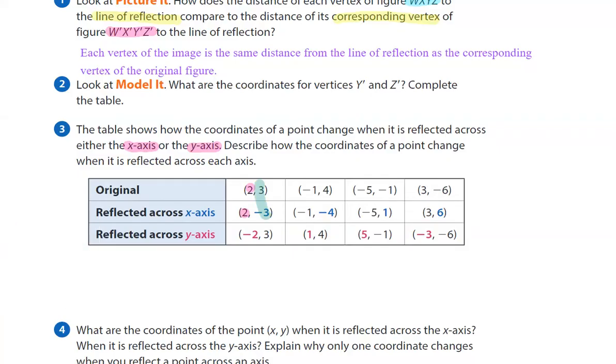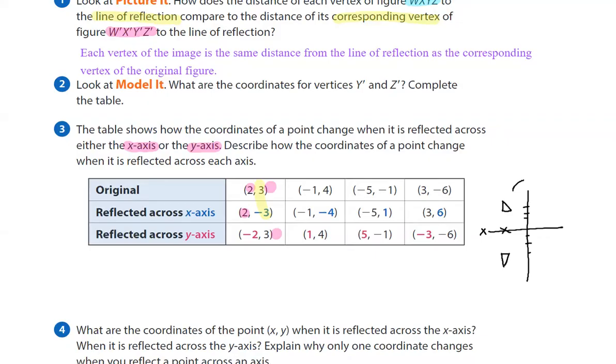But now, when it's reflected across the y-axis, it's going side to side. Let me draw that really quick. Here's a point, here's a little triangle. When it reflects across the x-axis, it's going up and down, so these will change, but these will not.